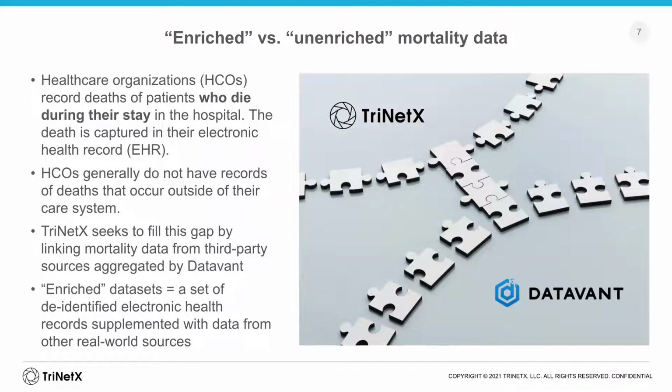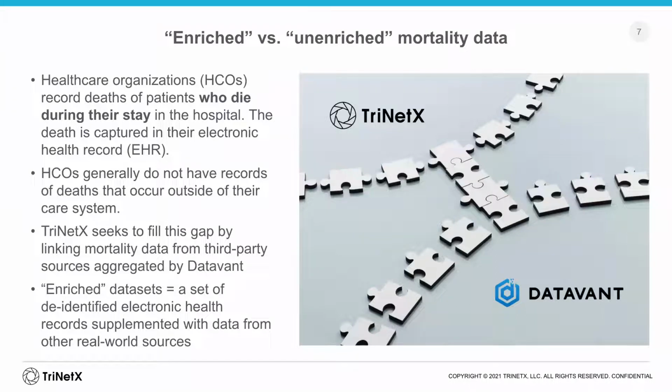So I want to show you some results from the TriNetX platform where we've used linked and unlinked data. Just to orient people to some of the language I'll be using and you'll see on the slides, we're using the terms enriched versus unenriched mortality data.